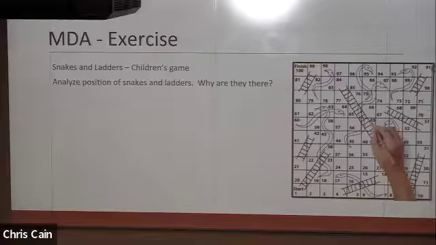Any thoughts on the positions of the snakes and ladders on this board? There seem to be similar numbers of ladders. I haven't really looked at the snakes yet, but the ladders, there seem to be only one of the big ones in the middle of the board. The other two at the top are kind of symmetrically placed. If you look at the bottom, you can notice that they're similar. Are they symmetrically placed in terms of the number of numbers that you jump up?